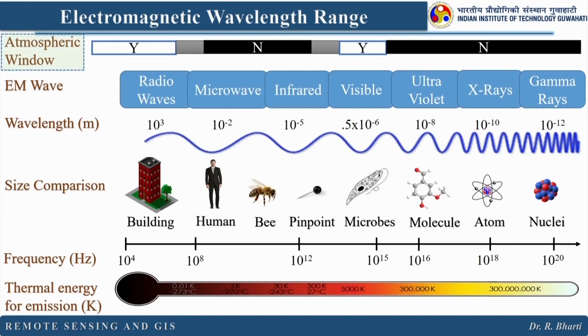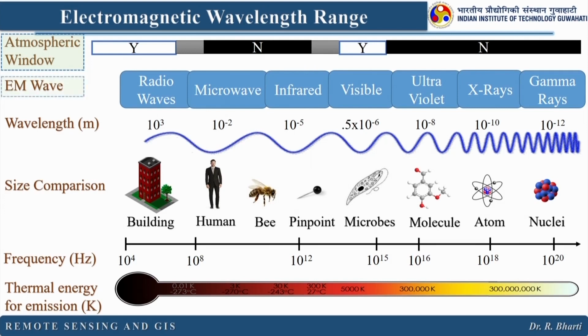Here you can see the atmospheric window. That means these wavelengths are allowed to pass through our atmosphere. So, you can see the radio waves are allowed, and in microwave and infrared a certain portion is not allowed, even in visible some portions are not allowed.